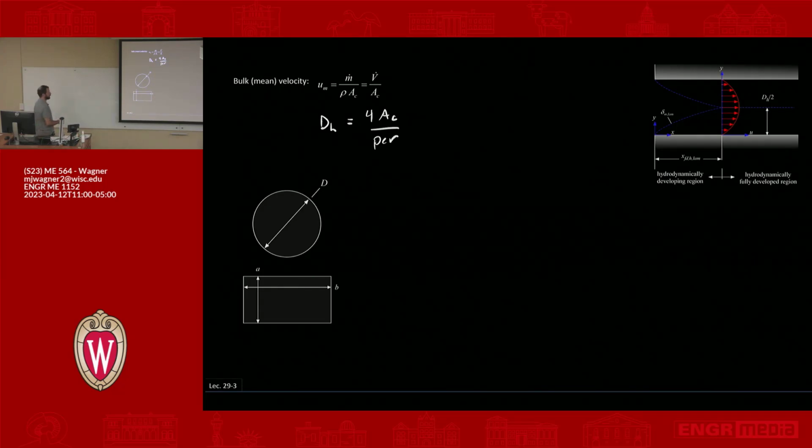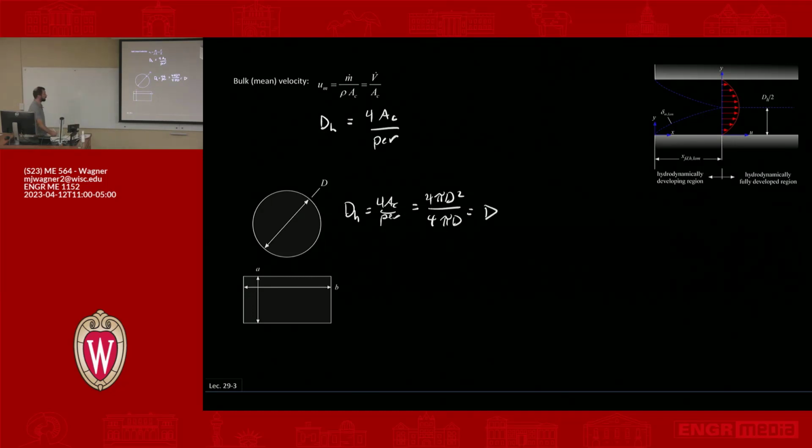So I'll take these two shapes for example and see how it comes out, which is fairly obvious. For a circle, d_h is equal to 4 A_c over the perimeter, which is 4 times pi d squared over 4, over the perimeter, pi times d. So that just gives us d.